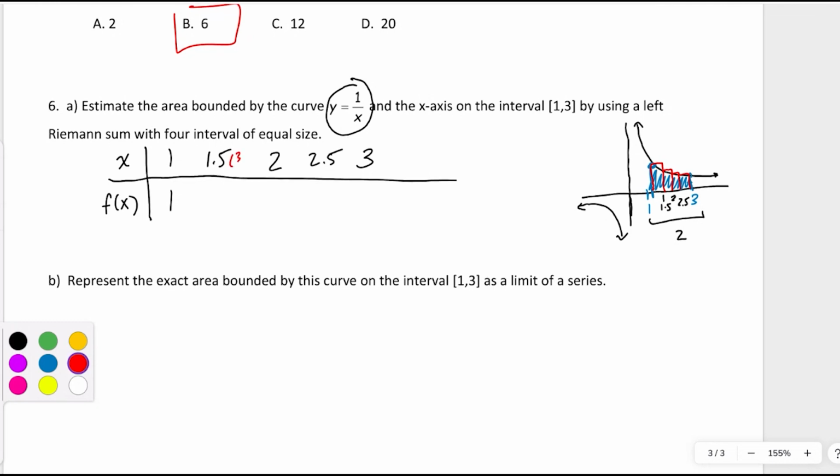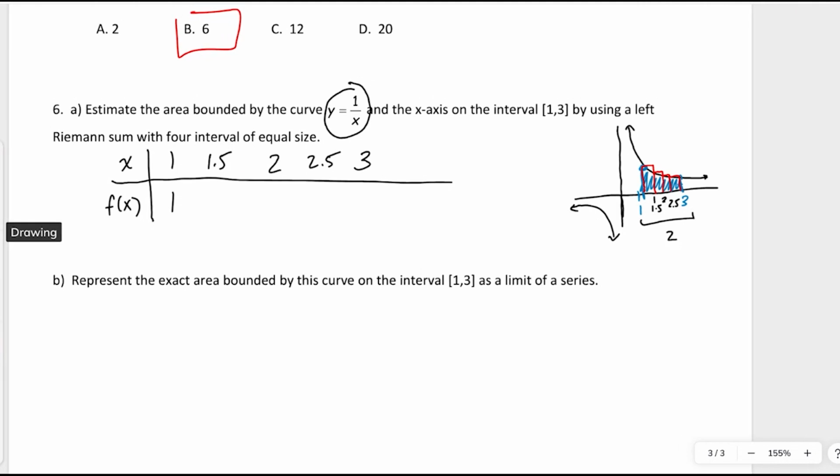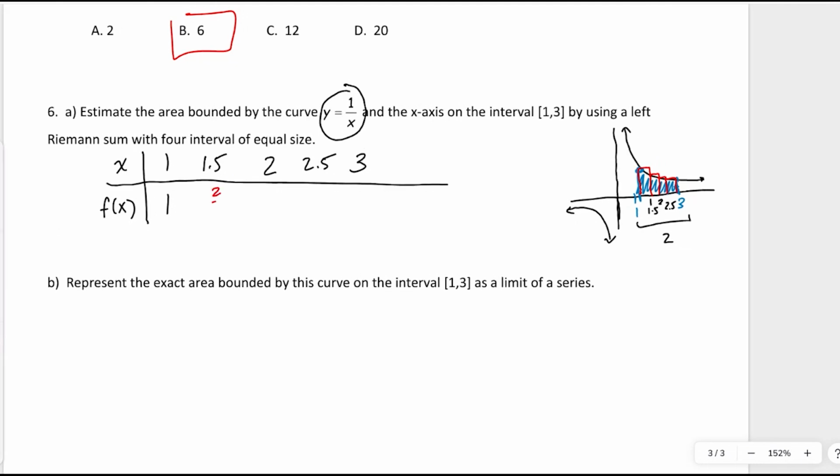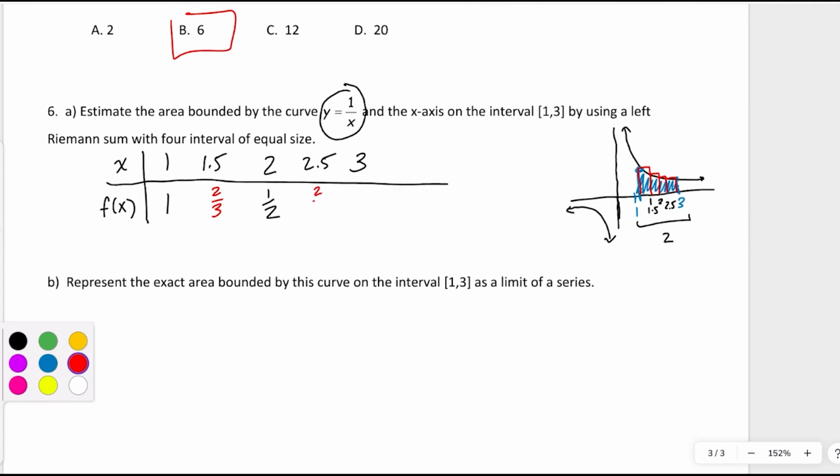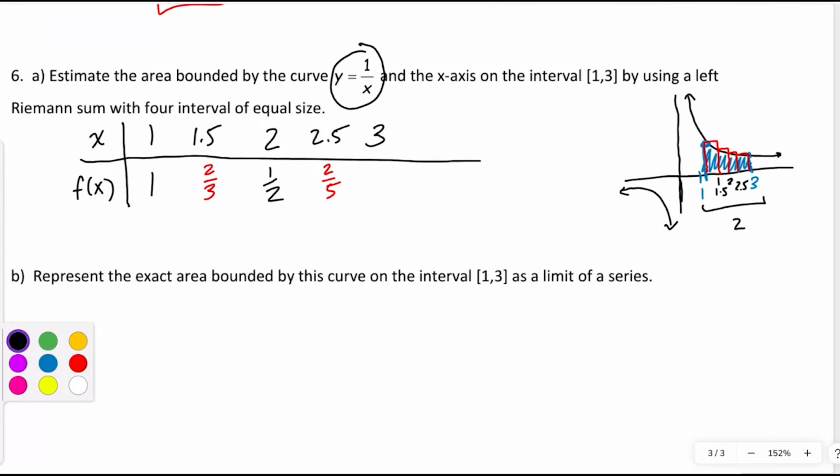If I reciprocate that, 1 divided by 3 halves is just going to be 2/3. 1 divided by 2 is 1/2. For 1 divided by 2.5, I have to think of 2.5 as 5 halves, and when I reciprocate that, I get 2 over 5. And then lastly, we get 1/3.